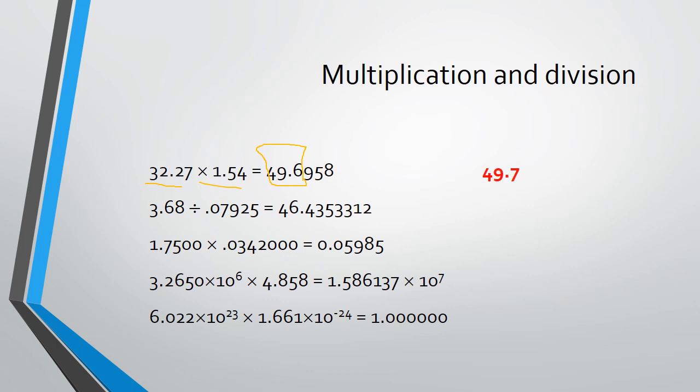Here 3 significant figures, here 5 significant figures. The answer should be 3 significant figures. In this case, you look after it, the 4 is less than 5, so you round it down, and the answer is 46.4. We have 5 significant figures, we have 7 significant figures. This is the answer, and this answer already has 5 significant figures, so we leave it as is.